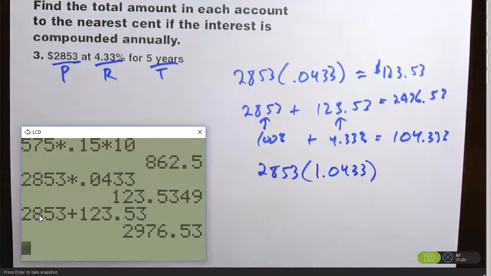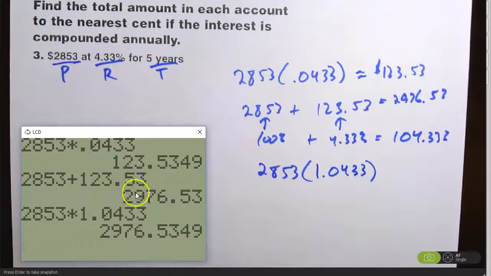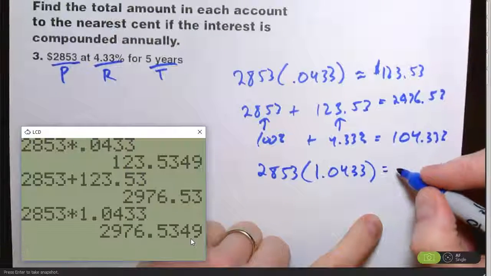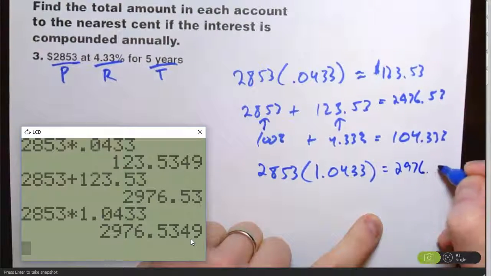If I do 2853 times 1.0433, I get $2,976.53, just like I got previously. The leftover we ignore because this is money, so I have to round up or down. It's a lot easier this way.